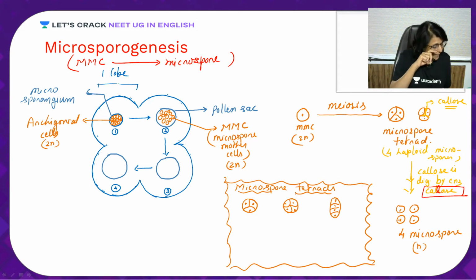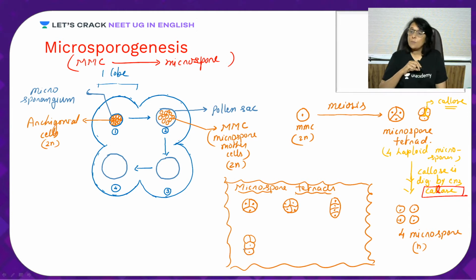This is one pattern in which they are arranged. One more arrangement is there where we see 2 cells like this, one cell here and one cell here. This arrangement is also possible. One more arrangement is there where you see 1, 2, third is here, and the 4th large cell. So these are the possible arrangements of 4 microspores in a tetrad.